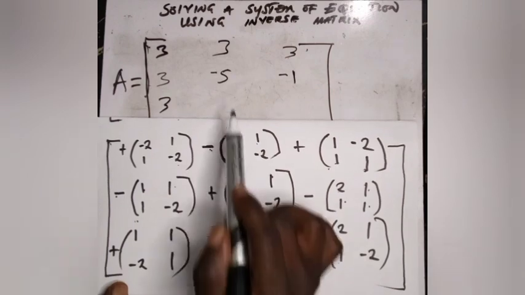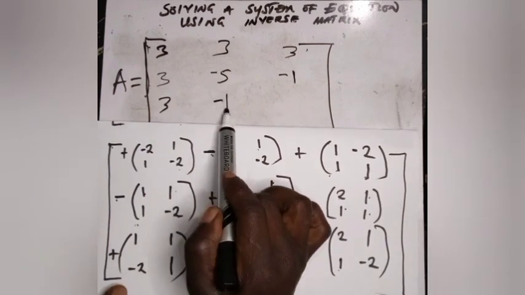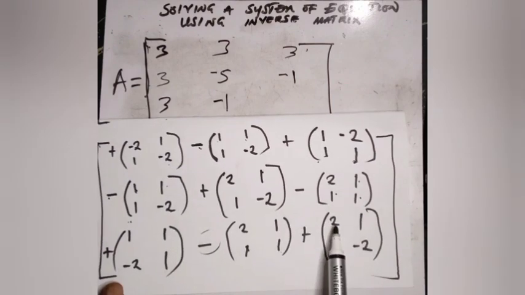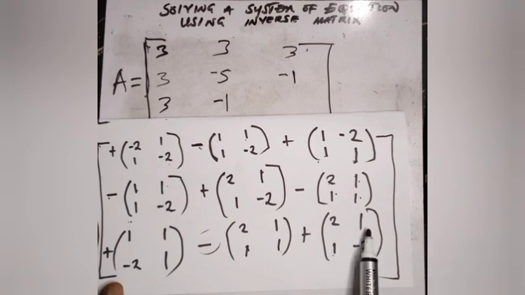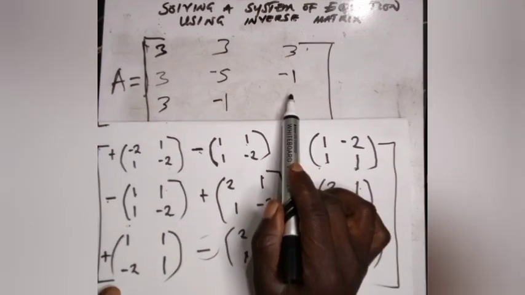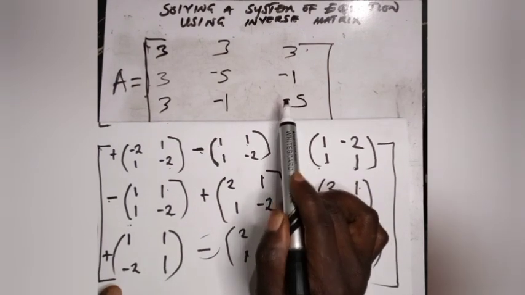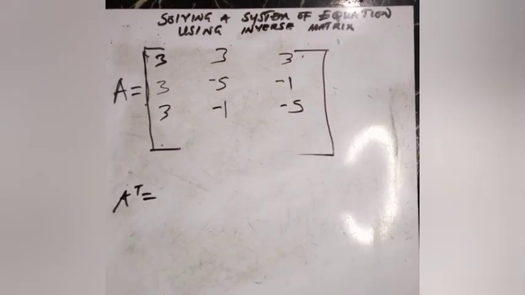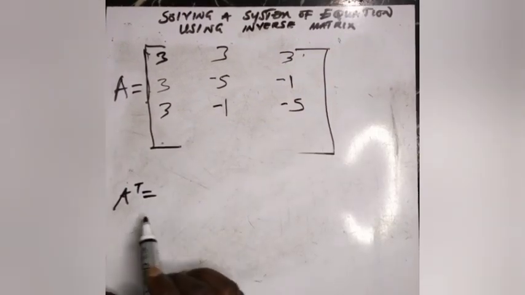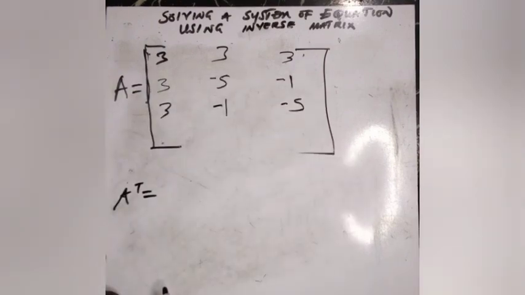So here it is negative, so it's going to be -1. Then 2 times -2, which is -4, minus 1, which is -5.